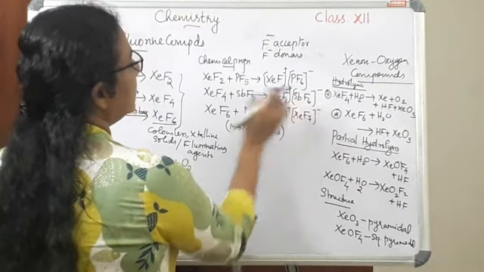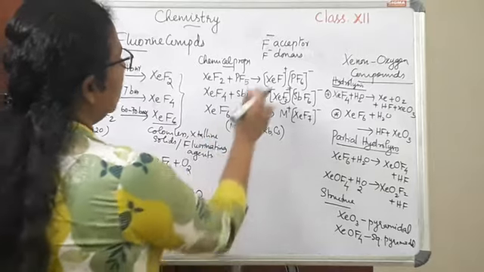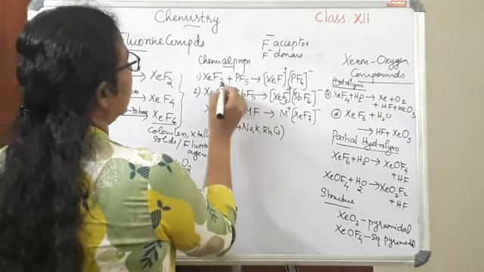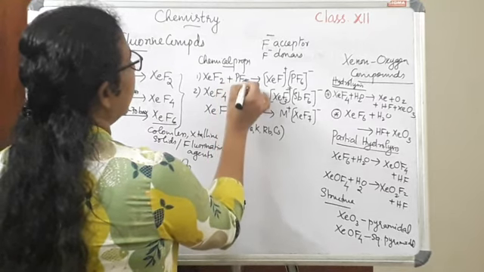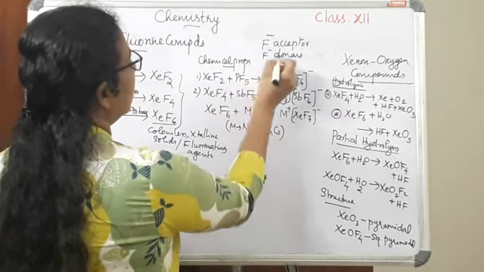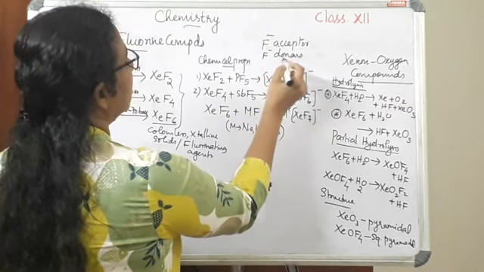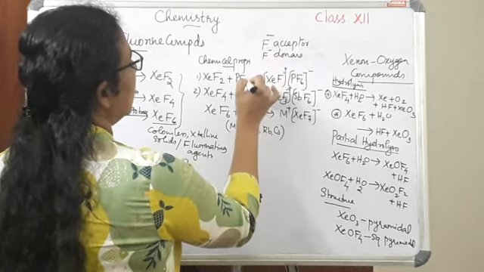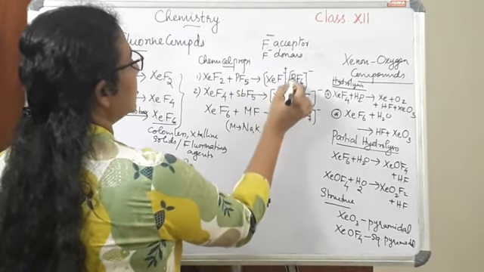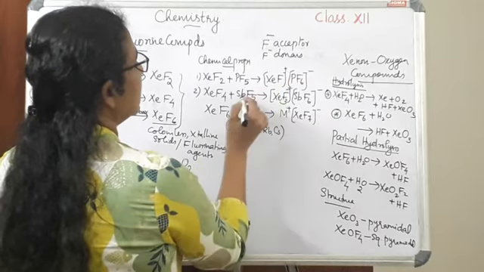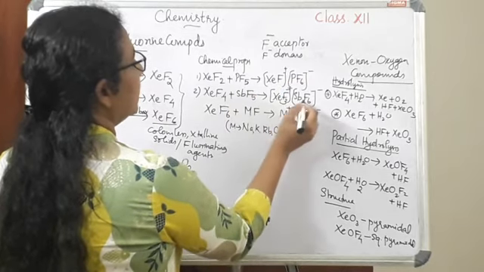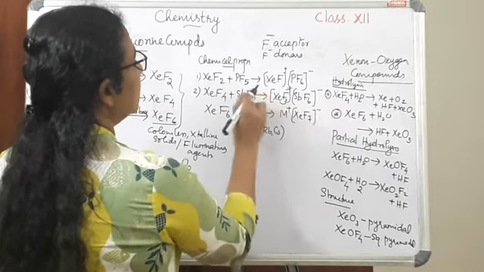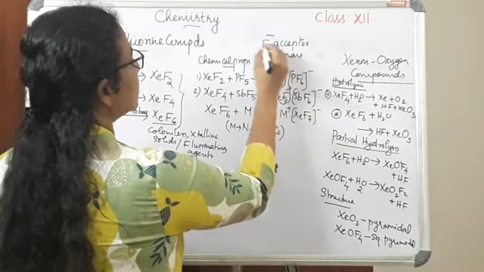In these two cases, PF5 is a fluoride ion acceptor, so that is why it is PF6-. Here also with SbF5, we will get SbF6-. So these two are fluoride acceptors.